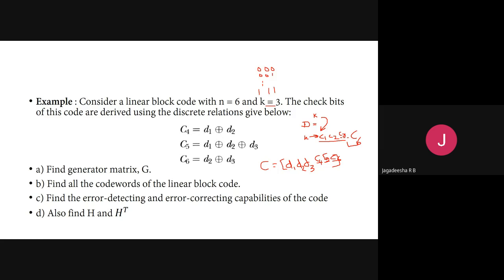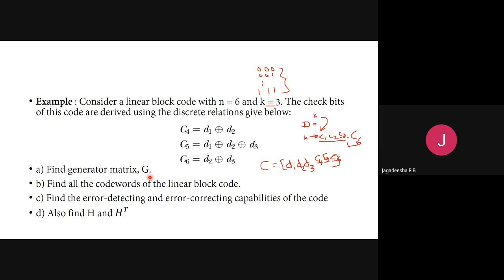So this is your data set. You can have any of these combinations as the data bits. Then you generate C4, 5, 6 using this logic, and you get C here. Then you find the generator matrix G. How to generate the generator matrix?